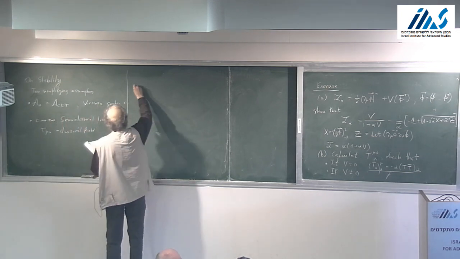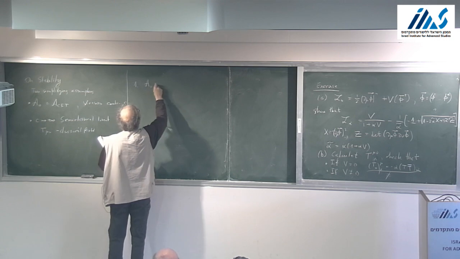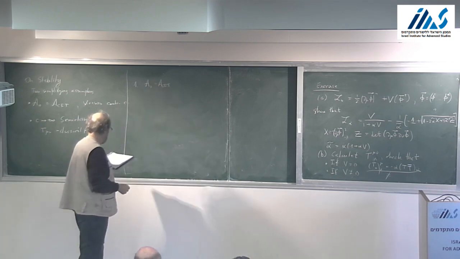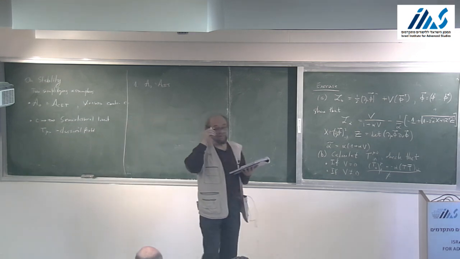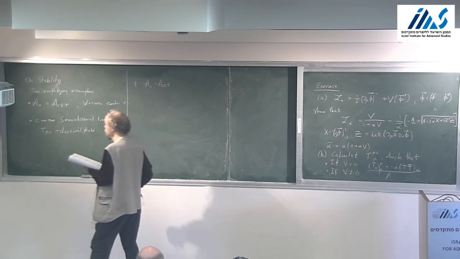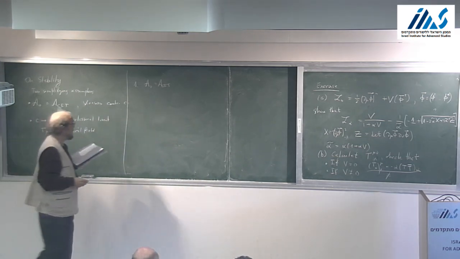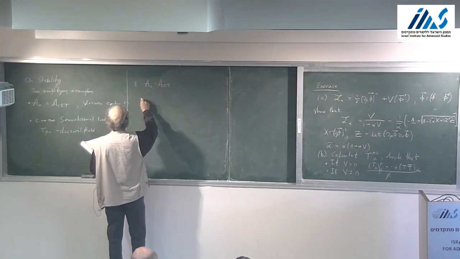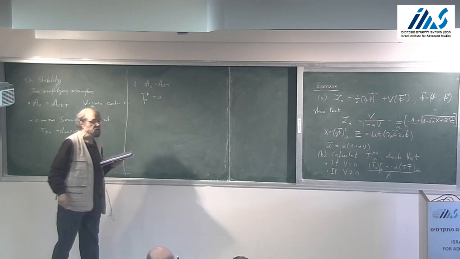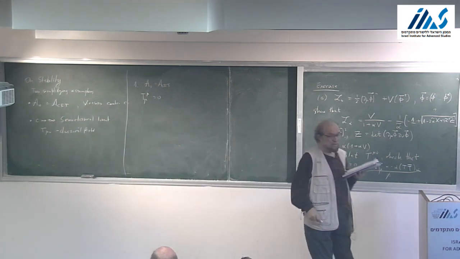First, I discuss what entails A naught being a CFT. I assume that the general basic properties of two-dimensional CFT are known. Just to remind ourselves of notations, in a CFT the energy momentum tensor can be chosen in such a way that its trace is equal to 0.